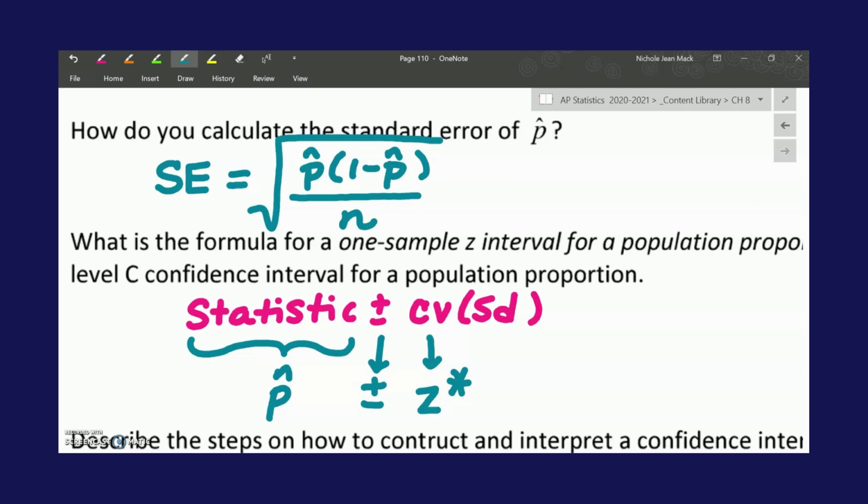And I think I did that on skinny page 107. So your critical value is z star, and then my standard deviation, or your standard error in this case, because we might not know the standard deviation, is the square root of p hat times 1 minus p hat over n.